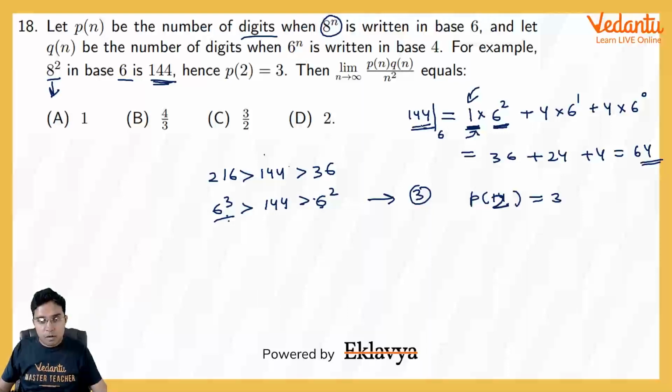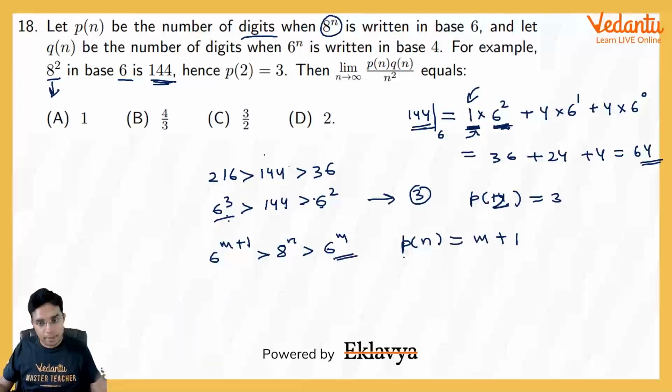So the number of digits will be 3 here. I hope that is clear. So what I can say is that whenever my number is bigger than 6 power m but less than 6 power m plus 1, then this P of n is going to be m plus 1. I hope that is clear.